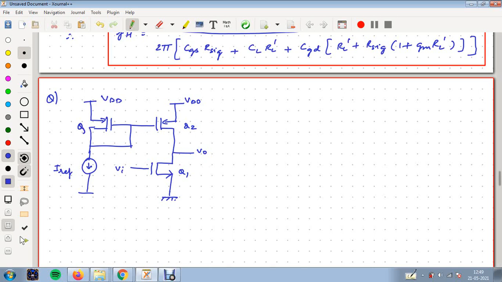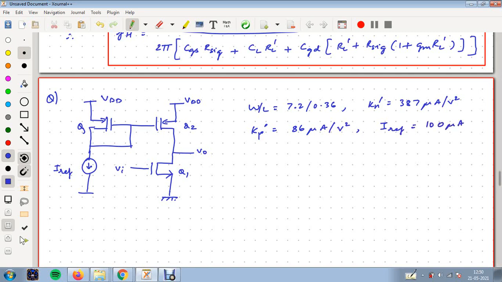Okay, so for this, the given data is the width to length ratio. The aspect ratio is 7.2 divided by 0.36. Kn prime is 387 microamps per volt squared. Kp prime is 86 microamps per volt squared. I reference is 100 microamps. VA for NMOS is 5 volts per micrometer.